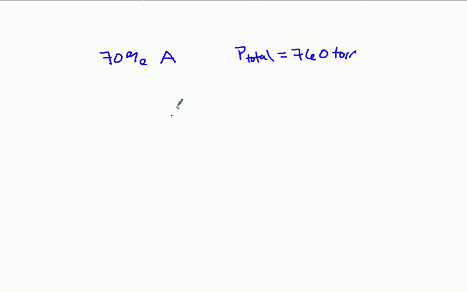You can do it a couple different ways. Some people like to use a decimal for that percent and then multiply by a total, right? That total pressure is 760 torr. And if you do that, it'll give you whatever part of that pressure came from A. So 0.7 times 760 gives me an answer of 532.